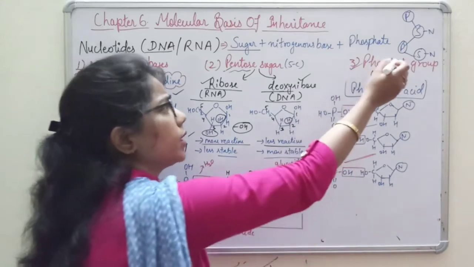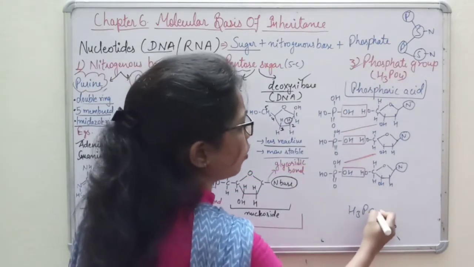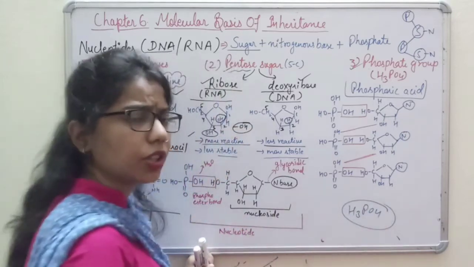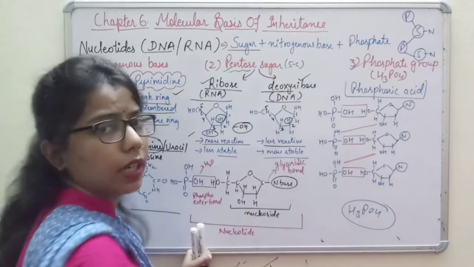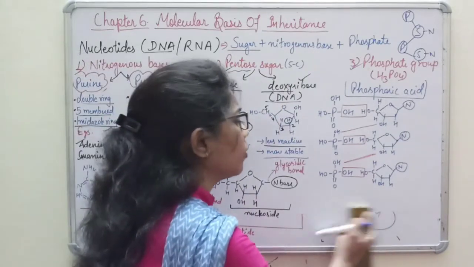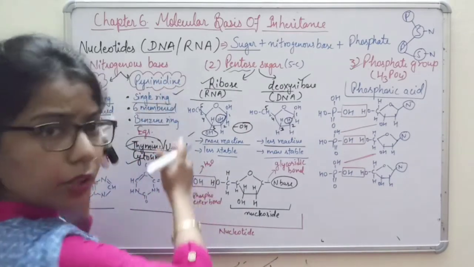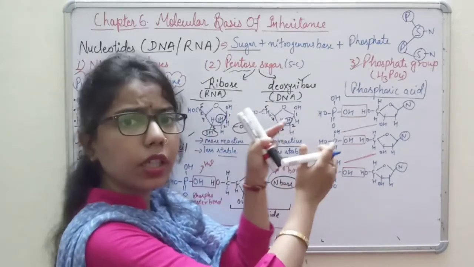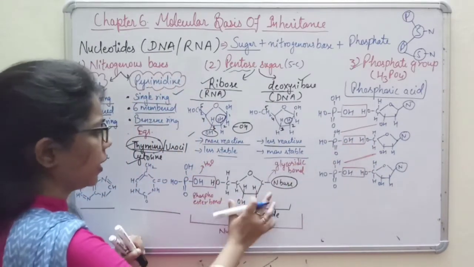And if you see the structure of phosphate, it is H3PO4. Okay, so we will add this group with the sugar as well as the nitrogenous base here. So what have you concluded from here? We are having three things: nitrogenous bases, pentose sugar, phosphate group.